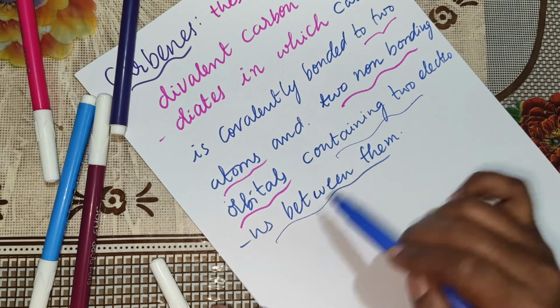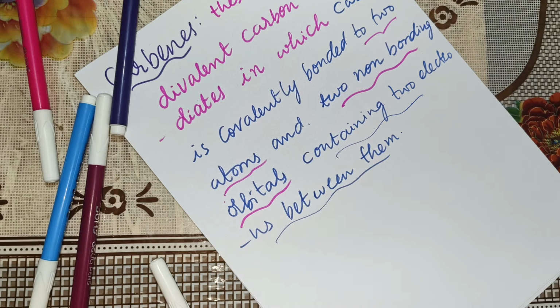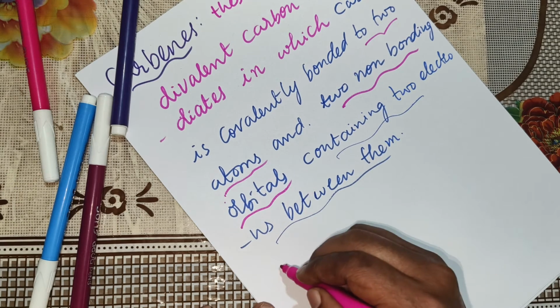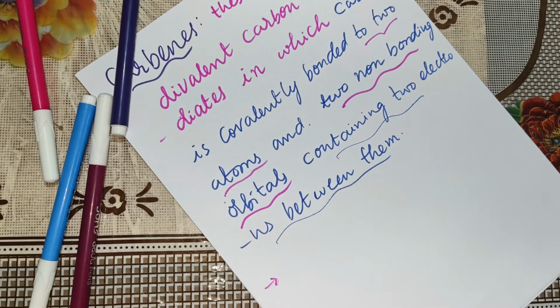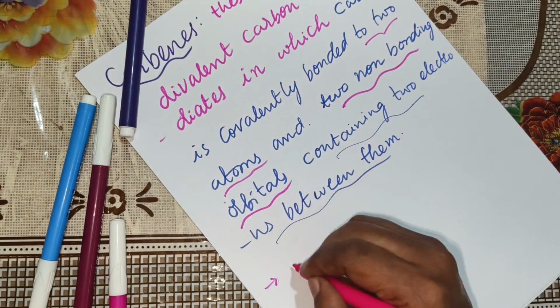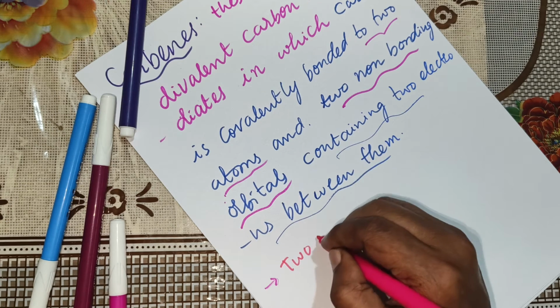That's why it contains 2 electrons between them, this is carbene. Theoretically there are two possible kinds of carbenes. Two types of carbenes.